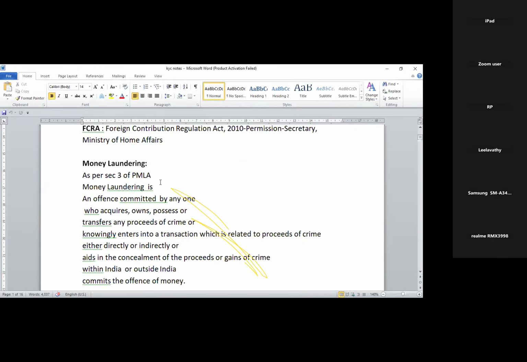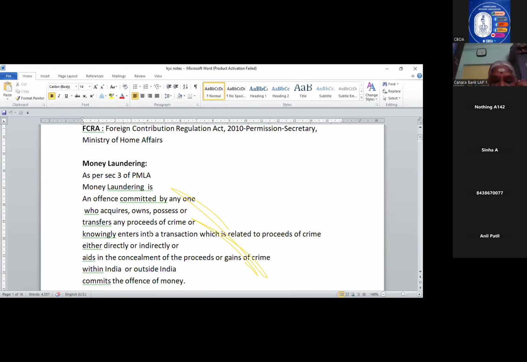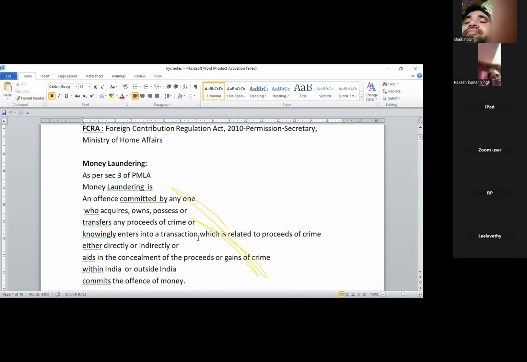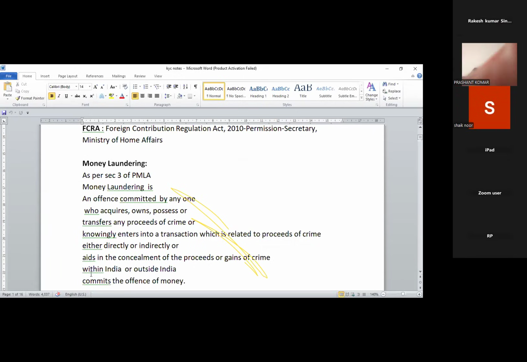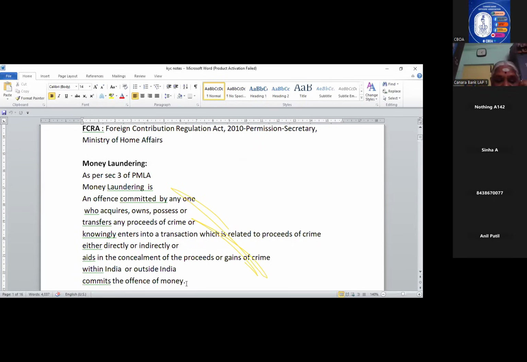As per section 3 of PMLA, it says an offense committed by anyone who acquires, owns, possesses, or transfers any proceeds of crime, or knowingly enters into a transaction which is related to the proceeds of crime, either directly or indirectly, or aids in the concealment of the proceeds or gains of crime within India or outside India, commits the offense of money laundering.